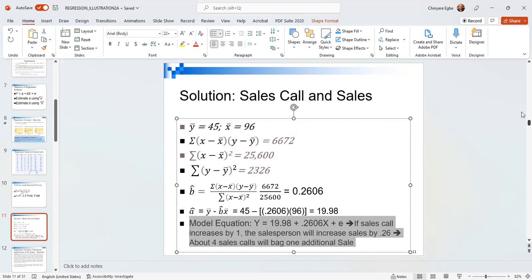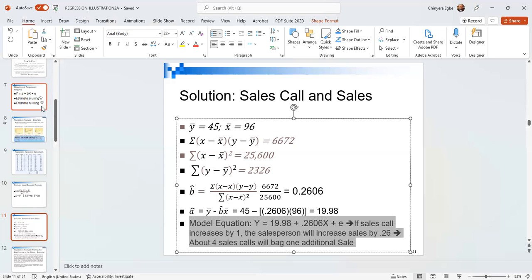And for each additional call that they make, they're going to sell an additional $260 worth of goods, that is 0.26 of 1,000. So if a salesperson makes 10 calls, then their sales will be 19,980 plus 0.2606 times 10. And so you can use that to make an estimate.